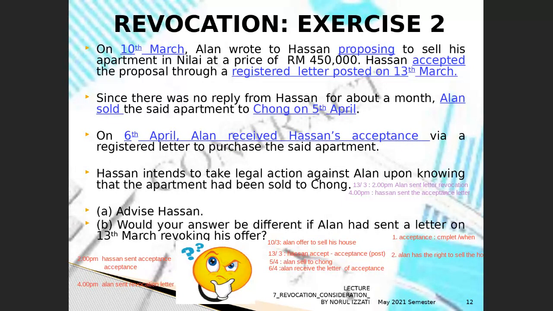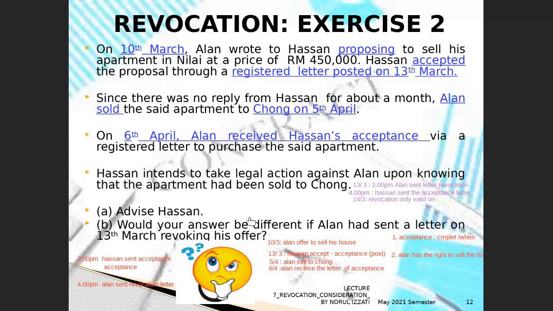Now, in order for you to answer question B, if I put in the purple scenario, the revocation is only valid on 14th of March. So in this case, can Alan revoke the offer? Still cannot revoke the offer. The answer is similar.